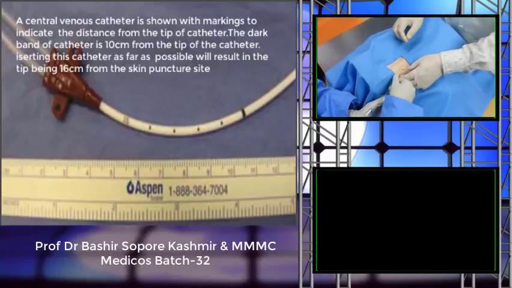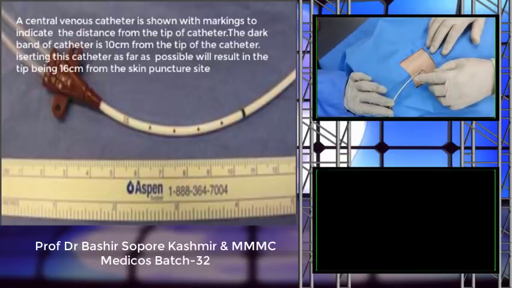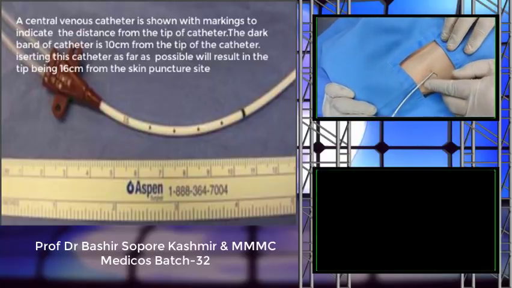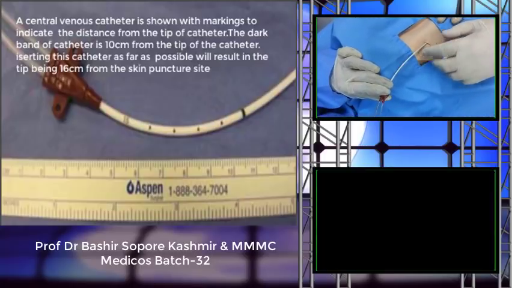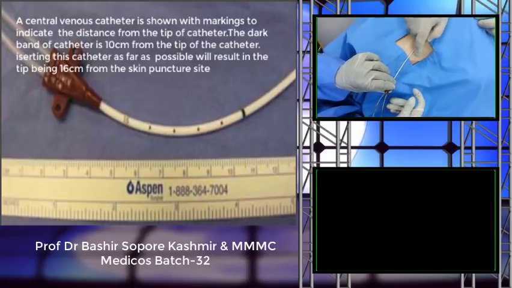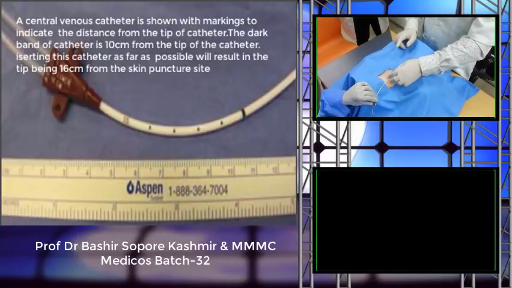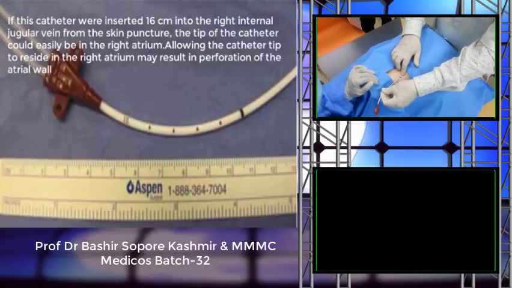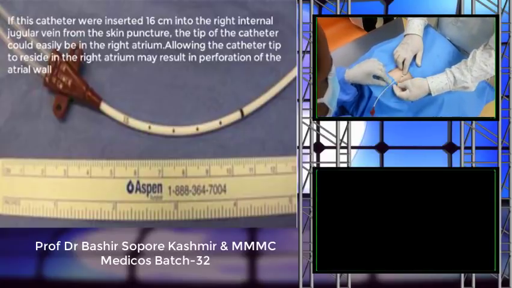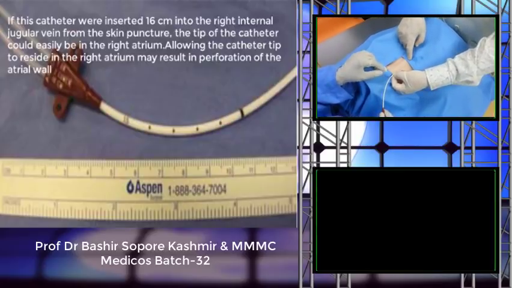Now you see, this also has markings. You can see the markings here. Each marking is 1 centimeter apart: 1, 2, 3 centimeters. But the first mark is 10 centimeters. If I take the tip here, the first mark will be 10 centimeters, so this length will be 10 centimeters.